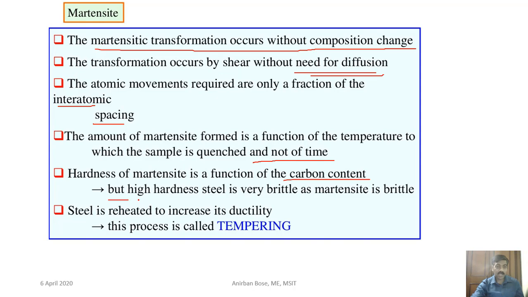Okay, but the high hardness steel is very brittle, as the martensite is brittle, and steel is reheated to increase its ductility. That is very important. Reheat it and keep it for a time, so that the carbon can diffuse out in the form of particles and impart some amount of ductility, and this process is called tempering.